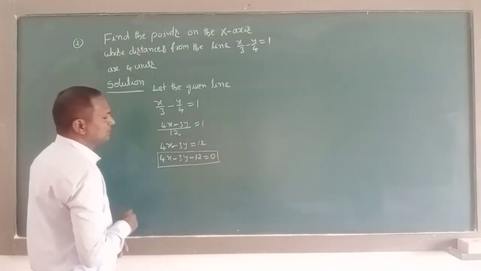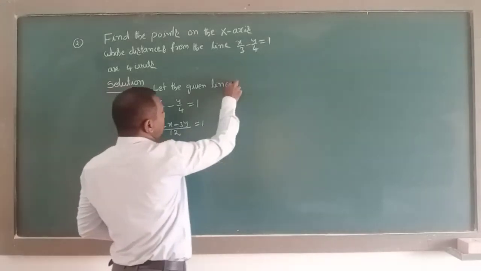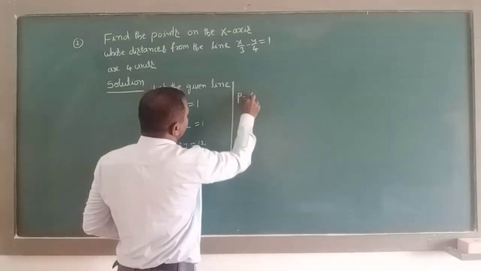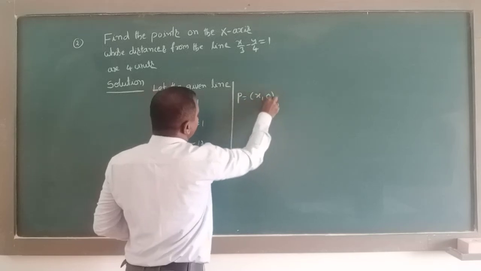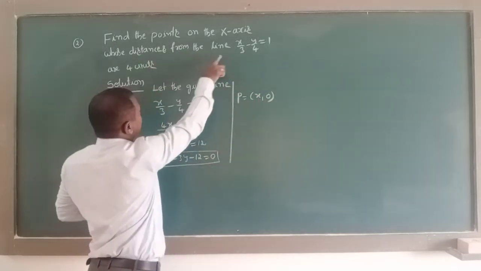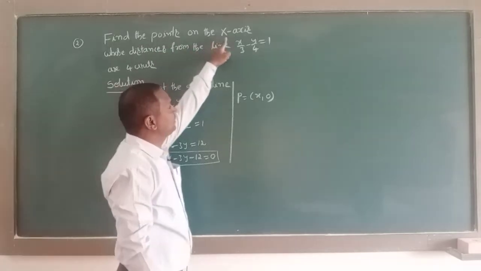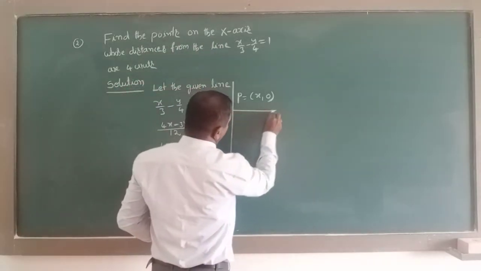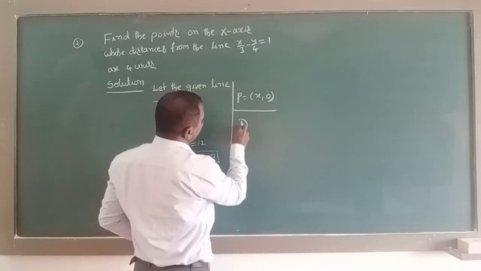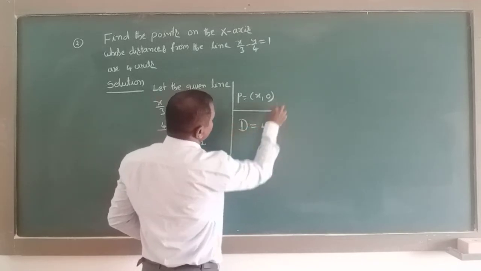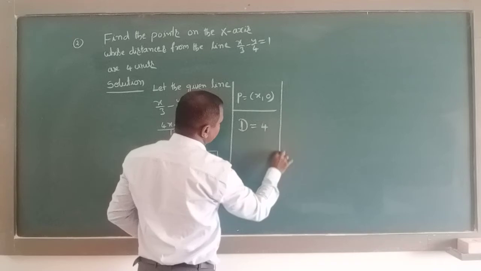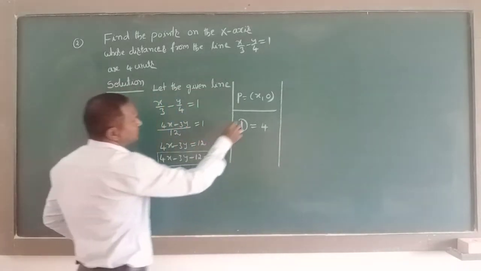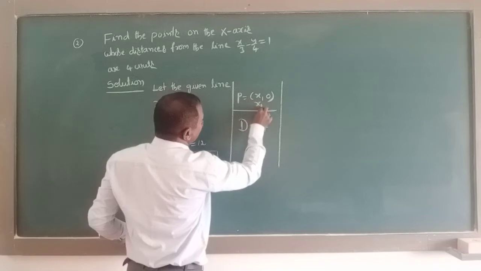At the same time, they give point P, we can take here as x comma 0, because they mentioned the point on x-axis. At the same time, one more they gave, D is equal to 4 here. From all this, we considered it as x1 comma y1.